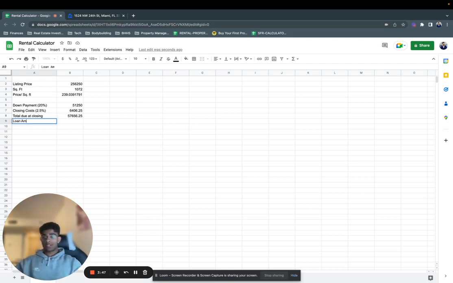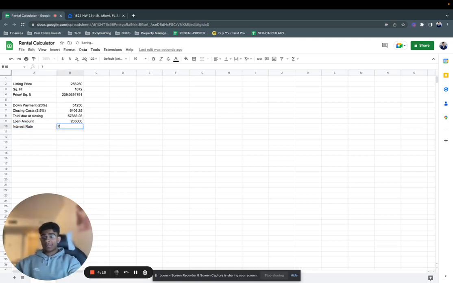So now that we know the amount due at closing, next we have to calculate the monthly mortgage payments. So first, we get the loan amount. That would just be the listing price subtracted by the down payment, B2 minus B6. And then the interest rate.